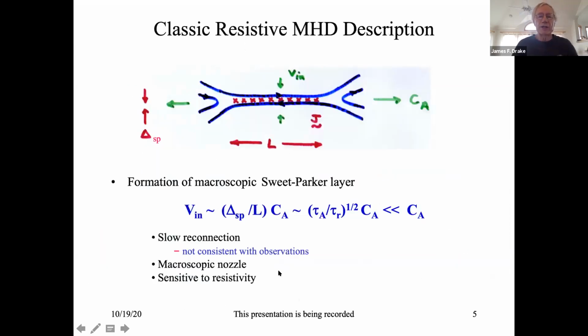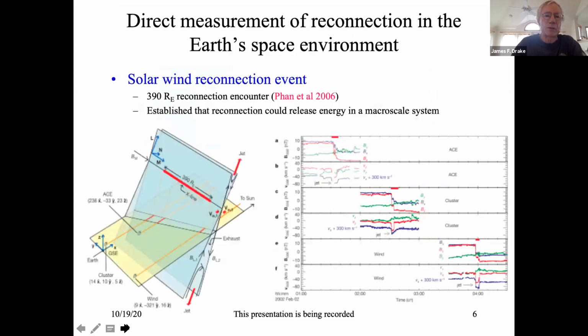And this slow reconnection is simply not consistent with the observations. So MHD predicts a macroscopic nozzle and a result which is sensitive to resistivity, and that's not consistent with observations. This problem goes back to the 1950s, trying to understand that.